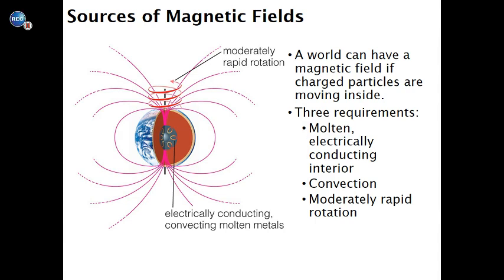Well, the Earth has that. You have some sort of convection to move the material around, and you have some rotation. That's what we think you need to have a magnetic field in a planet. If you have that, then you can have charges moving, basically orbiting the core, and that's going to generate this magnetic field that you see around it.